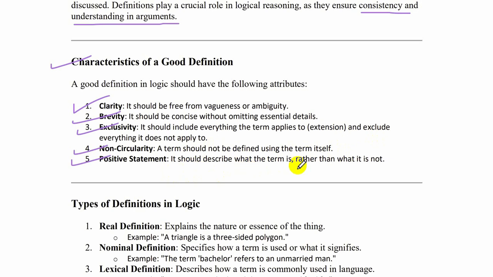It should describe what the term is rather than what it is not. So basically it should be in positive statements. So clarity, brevity, exclusivity, non-circularity, and positive statement. There are five characteristics of a good definition. We'll expand them in more detail going forward.